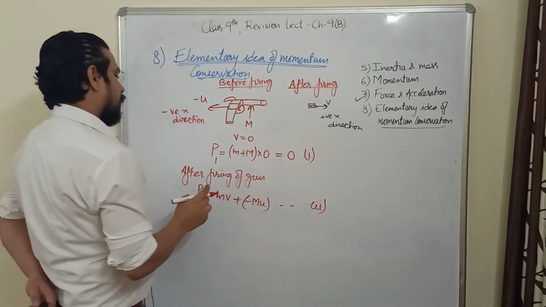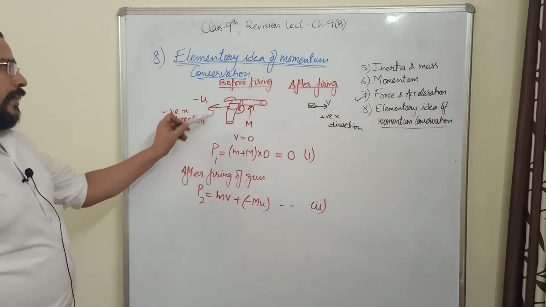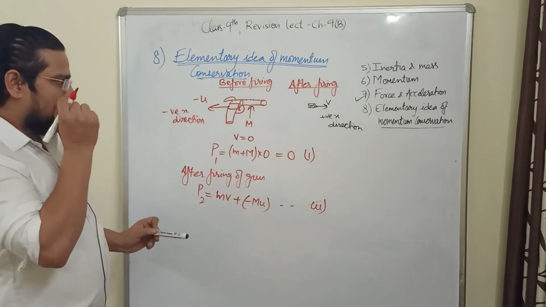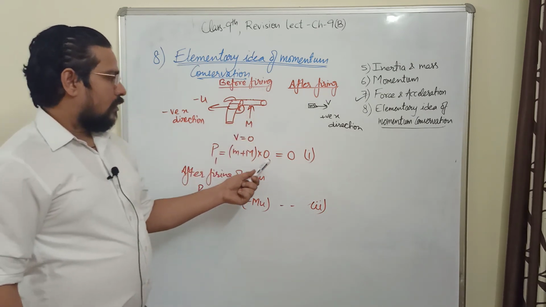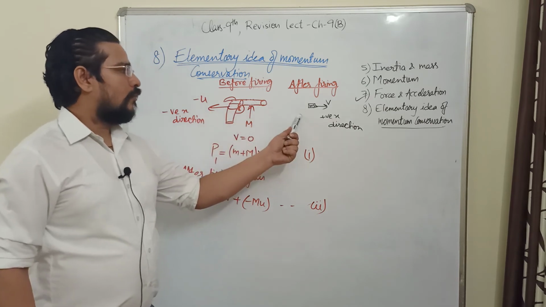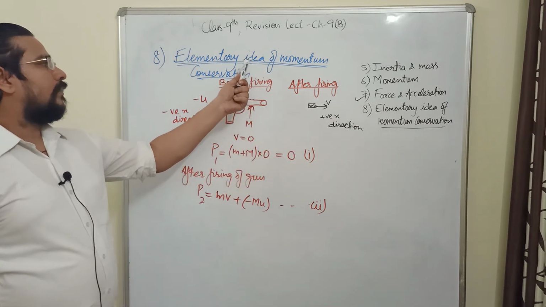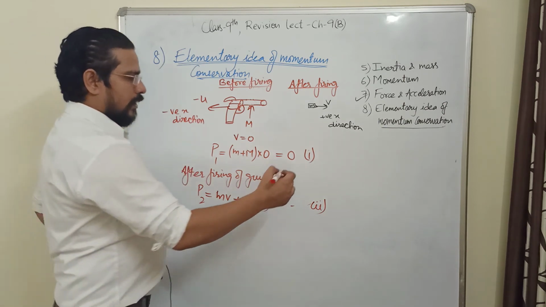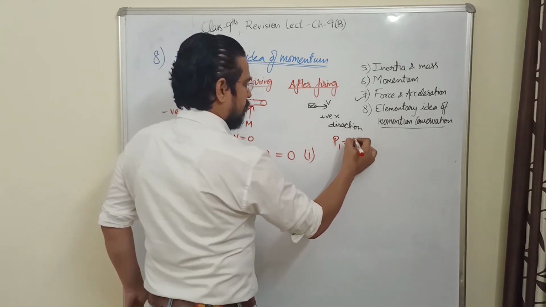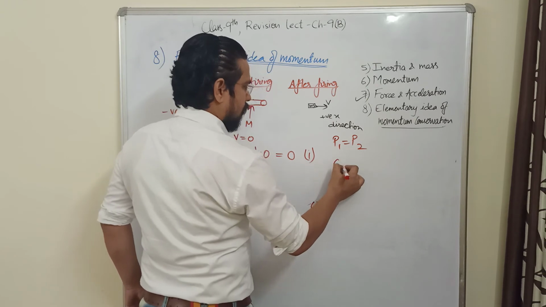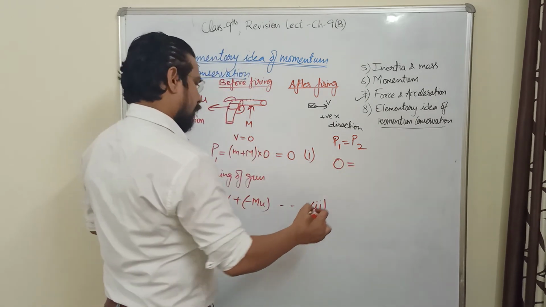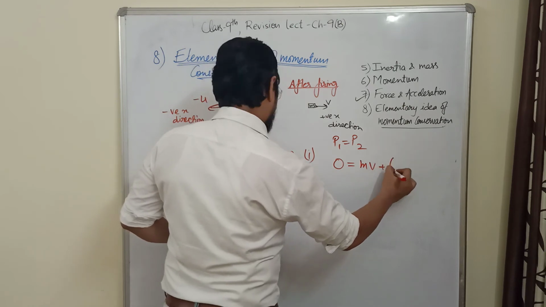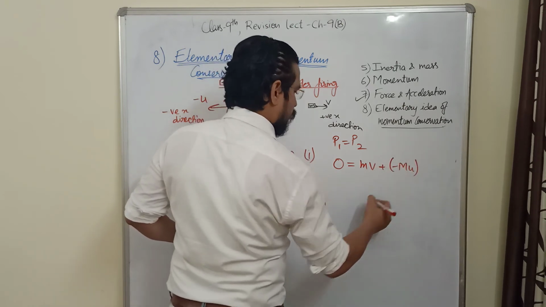Now after calculating the momenta before and after firing of the gun, as no external force is involved, by the definition of momentum conservation, P1 must be equal to P2. As your P1 is equal to 0, it must be equal to P2, that is mv plus (minus Mu).